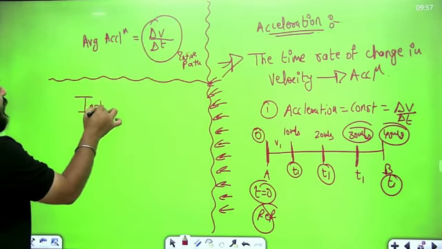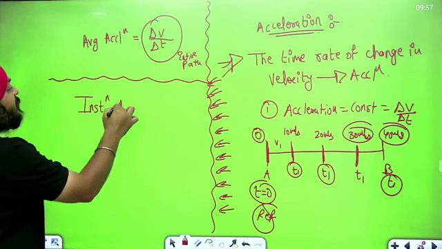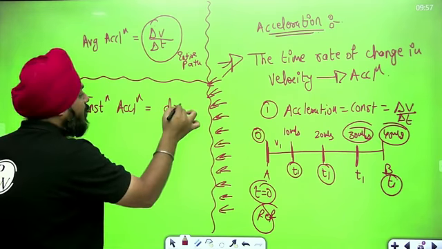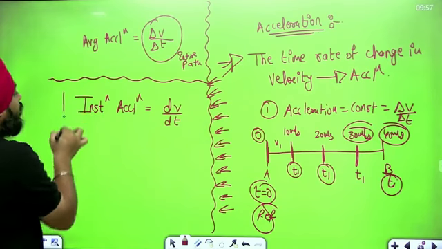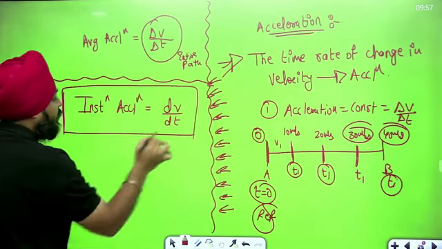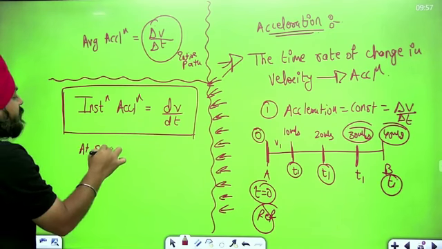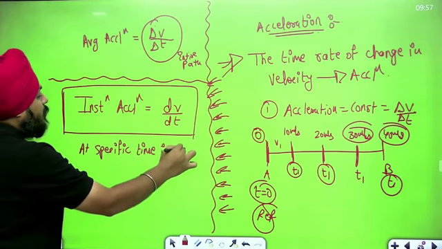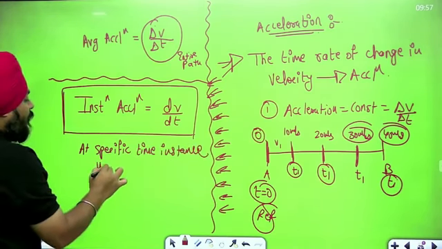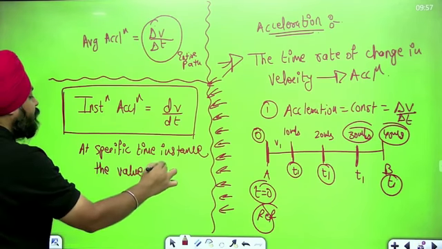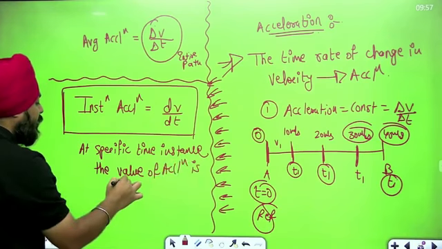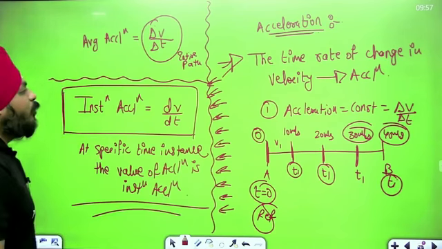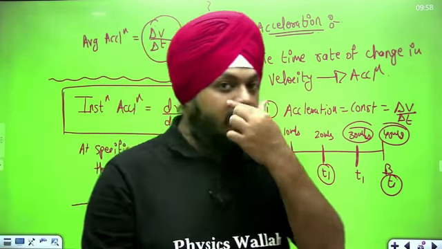Instantaneous acceleration is the acceleration at a specific instant of time, the time rate of change of velocity at that instant.